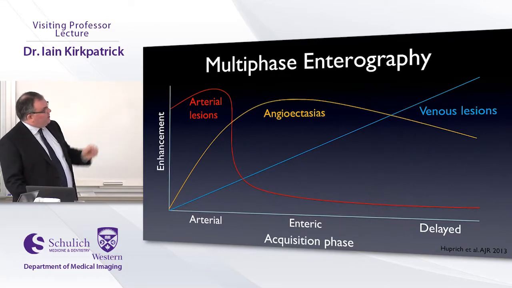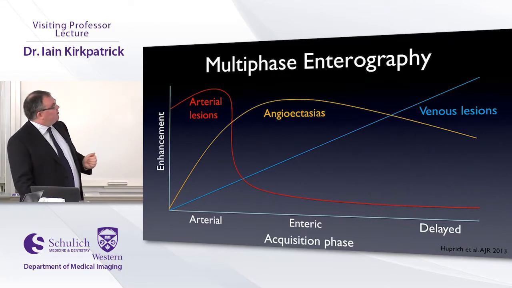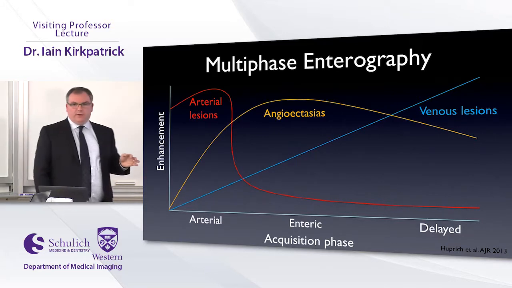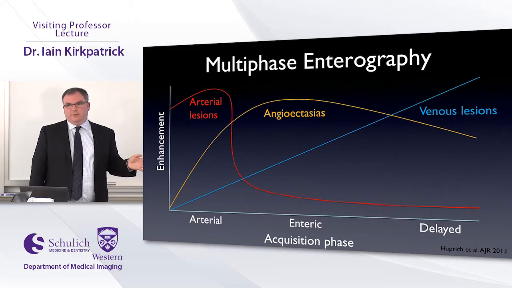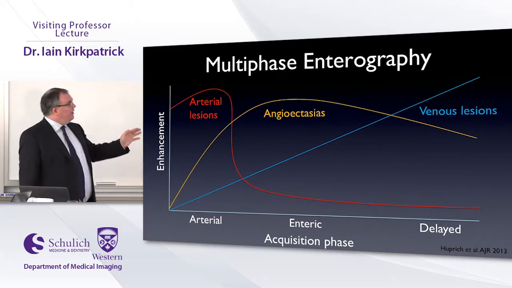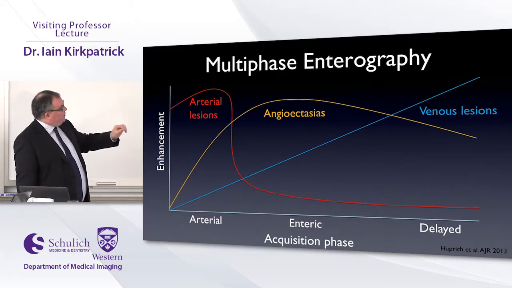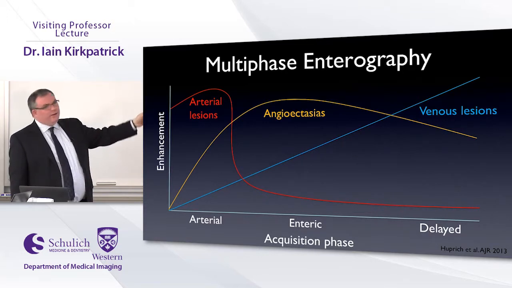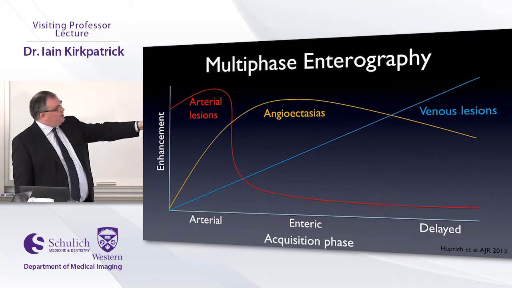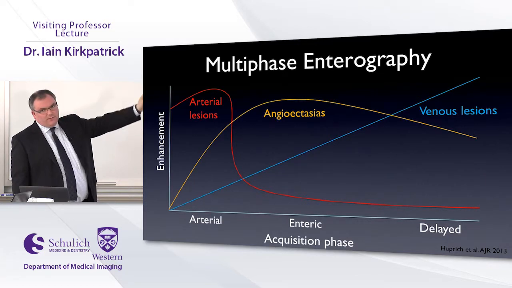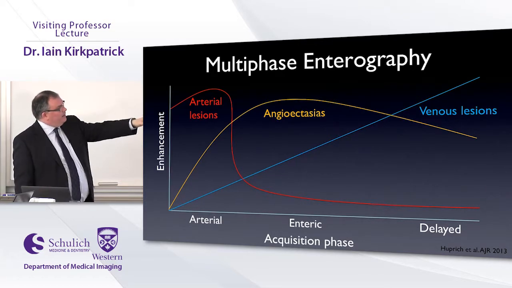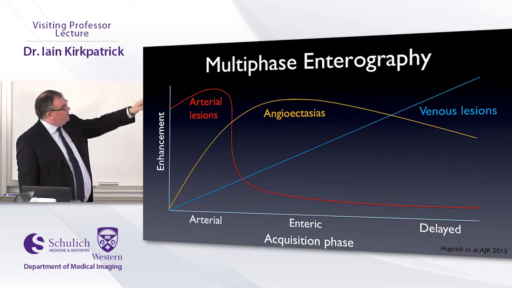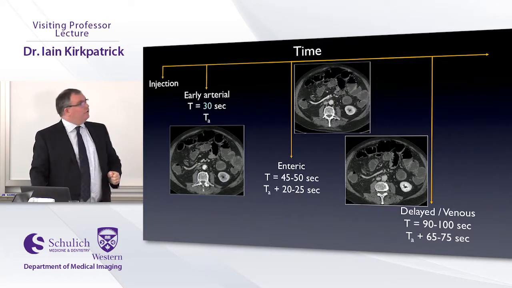So they published this paper in 2013, which is a really interesting paper where they argued that if you're going to do enterography for looking for a source of obscure GI bleeding, you should really go all out and do a 3-phase exam, because they say, well, you're going to see the arterial lesions the most in the arterial phase. You're going to see the angioectasias in the enteric phase, and that's also where you'll probably see the tumors the best. And then the delayed phase is going to help you see the venous lesions. So they strongly advocated that people should have this multi-phase enterography.